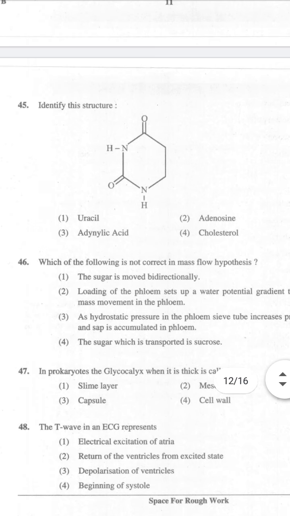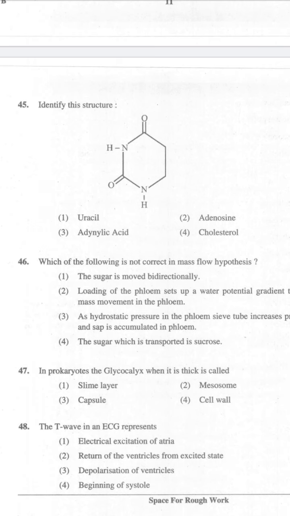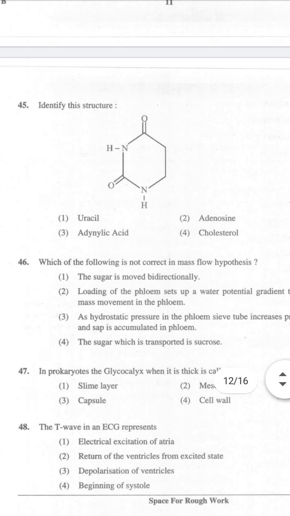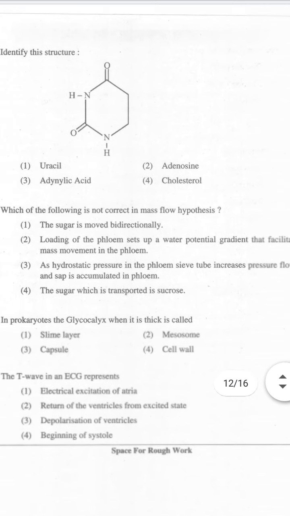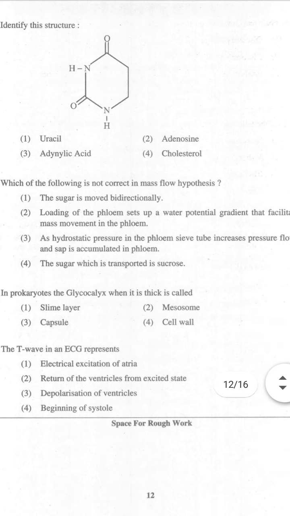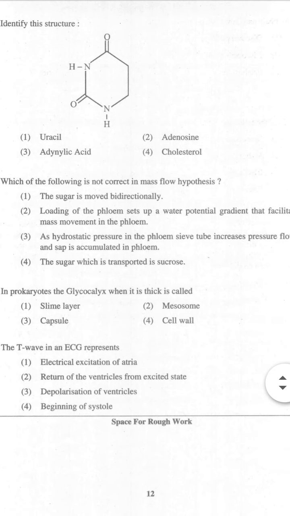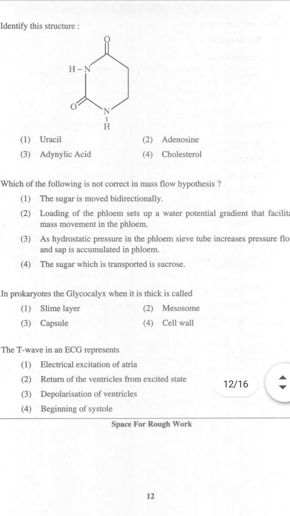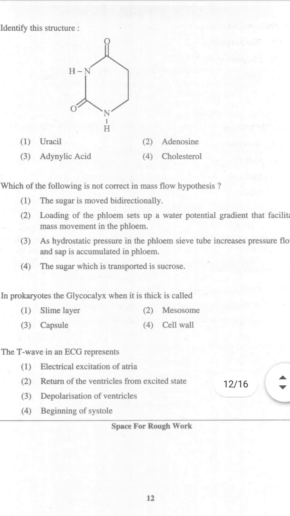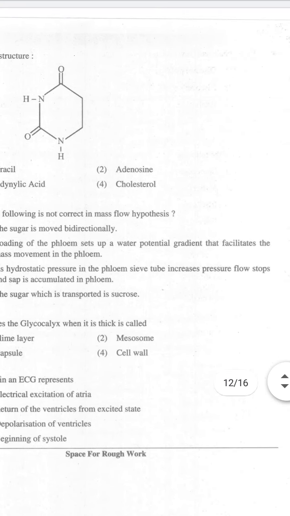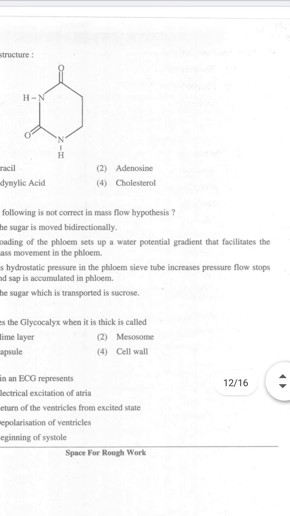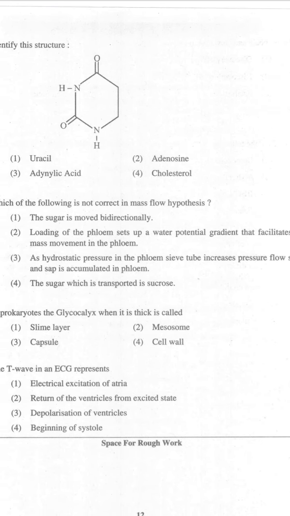Now let's go to question number 46. Which of the following is not correct in the mass flow hypothesis? Option 1, the sugar is moved bidirectionally. Option 2, loading of the phloem sets up a water potential gradient that facilitates the mass movement in the phloem.